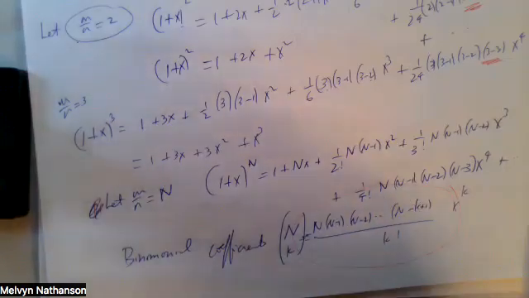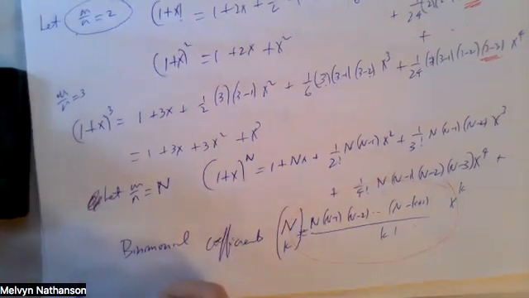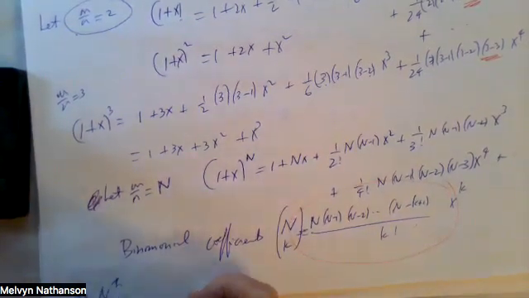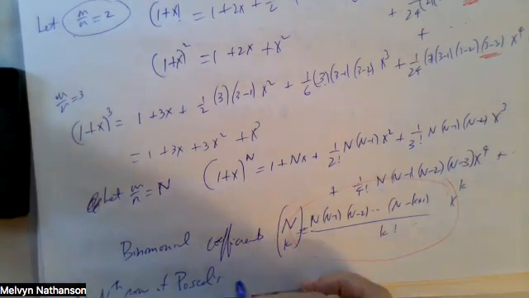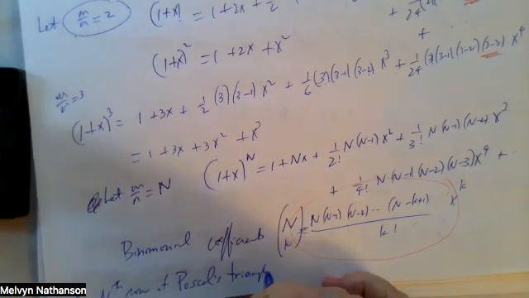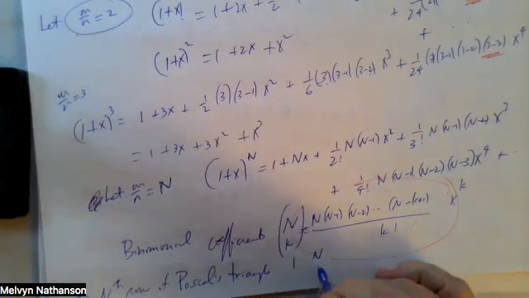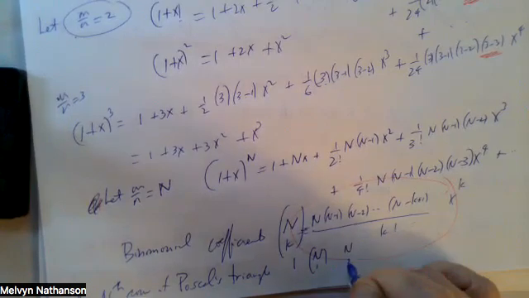So in general, the nth row of Pascal's triangle is going to be 1, n choose 1, n choose 2, and so on, n choose k, then n choose n minus 1, 1.